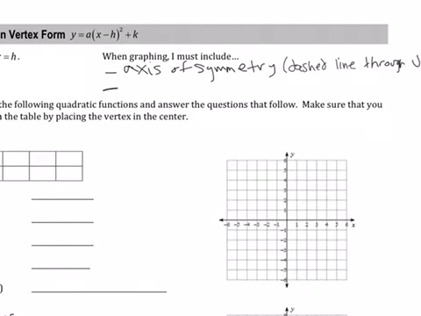And what else do we need to see from you guys? Well, if we have a dashed line going through the vertex, we should probably include the vertex. And we need to see 2 other points.